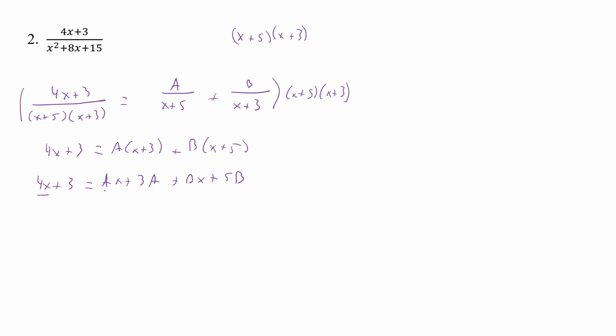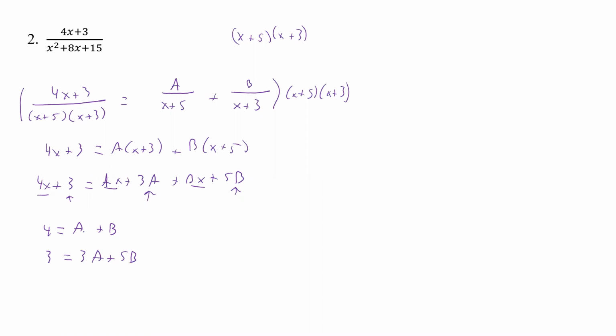So we have x, x, and x, and then we have number, number, and number. And so we say, well, 4 equals, now we just have A plus B, and here we can say 3 equals 3A plus 5B. All right.